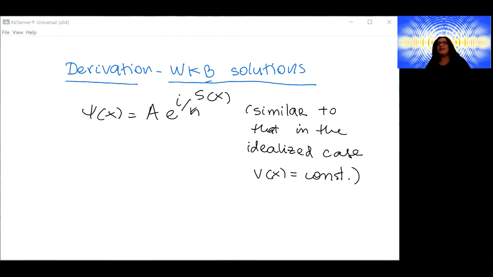This was a statement that we made. And we're going to insert this into the time-independent Schrodinger equation.